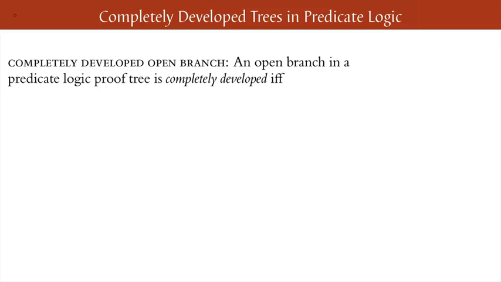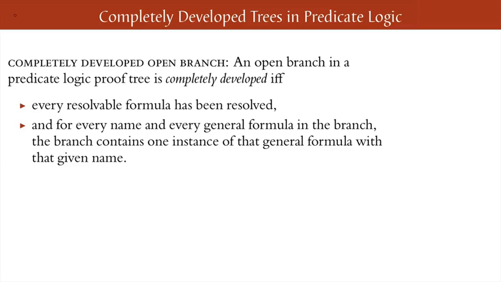So here's the definition of a completely developed open branch in a predicate logic proof tree. It's completely developed if and only if every resolvable formula has been resolved. That is, every complex propositional formula, every existentially quantified formula, and every negated universally quantified formula has been ticked off. They've been processed. And for every name and for every general formula in the branch, the branch contains one instance of the general formula with that name.